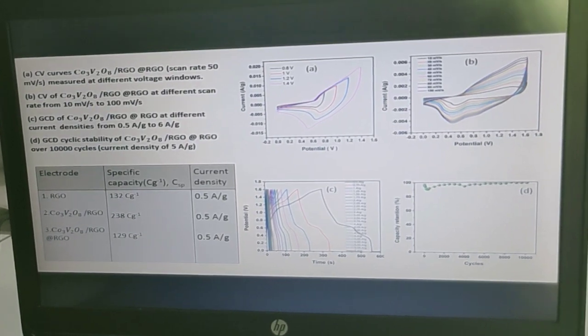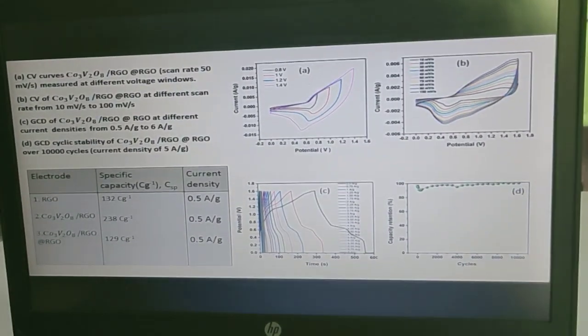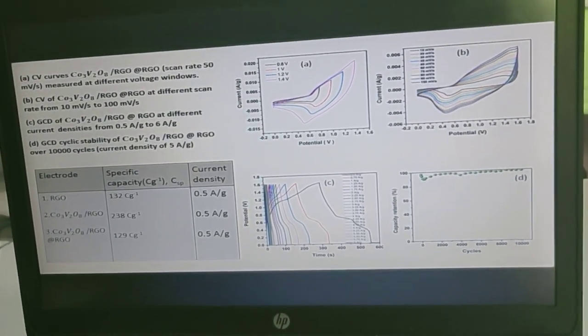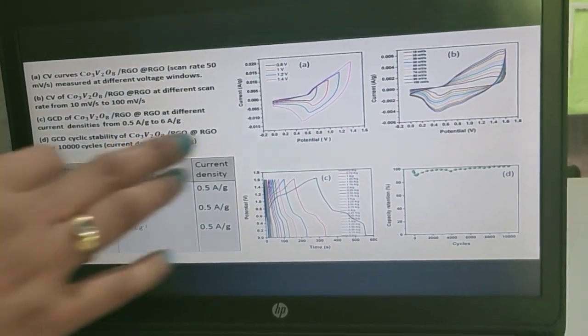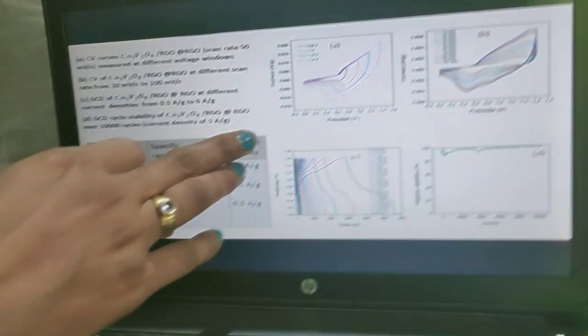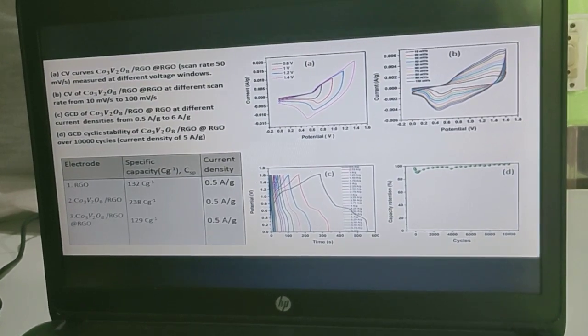From this diagram you can easily see the first diagram shows the composite materials. We are basically working on the device. This is the cyclic voltammetry for the device at a constant scan rate of 50 millivolt per second and different voltage windows.